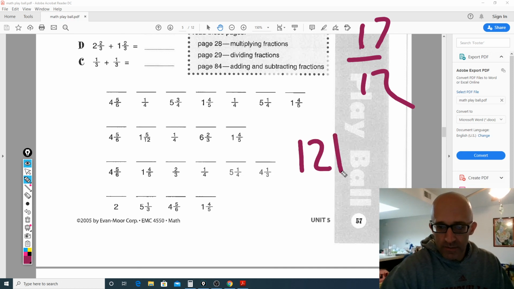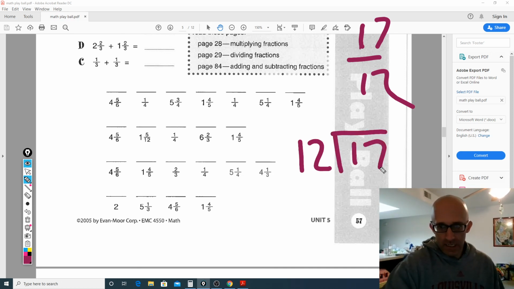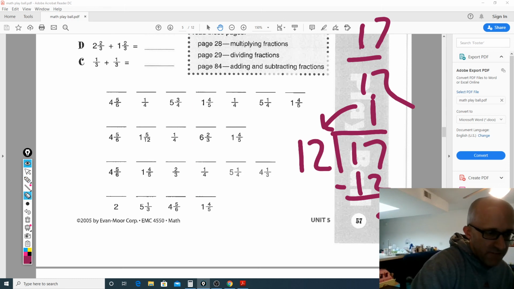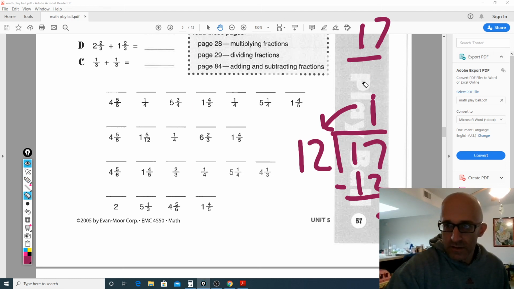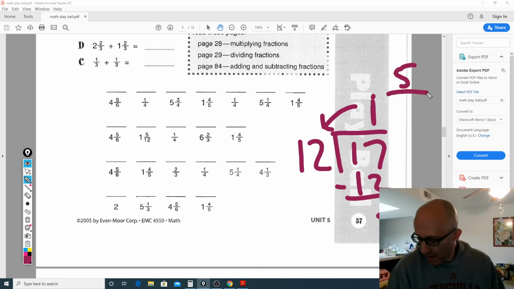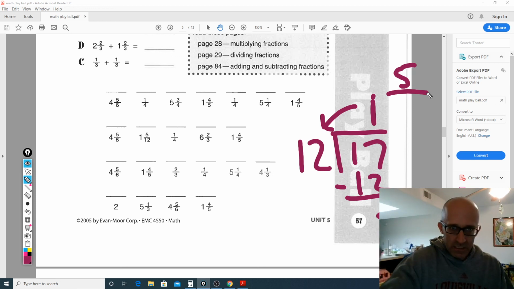Take that denominator and divide into the numerator. So 12 goes into 17 one time. 1 times 12 is 12. 17 minus 12 is 5. That 5 becomes the numerator of your new mixed number.